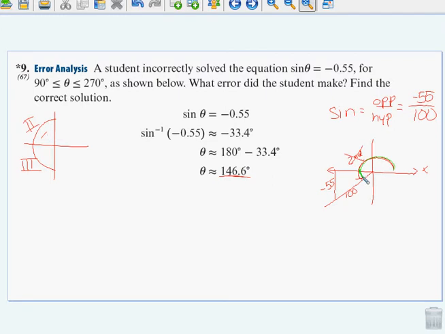Well, in order to find that, we're going to have to find the angle whose sine is negative 55 over 100. And that's the inverse sine function. Remember, inverse functions are basically asking us for an angle when we've been given the ratio of the sides. So what we're going to type in is the inverse sine of negative 0.55, all right?